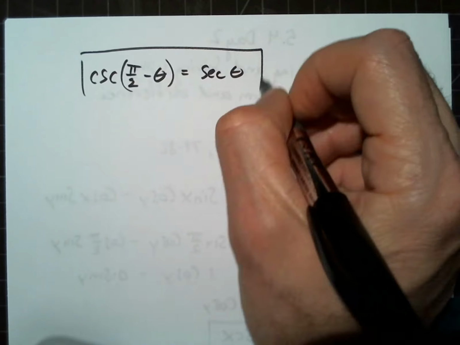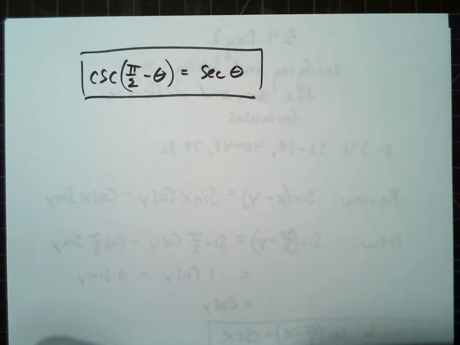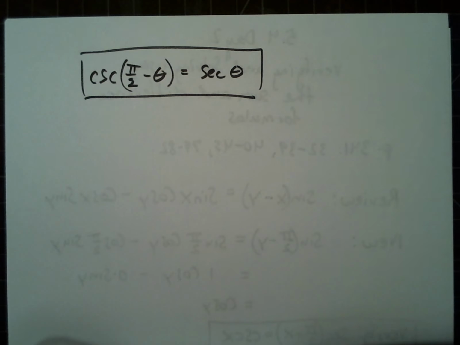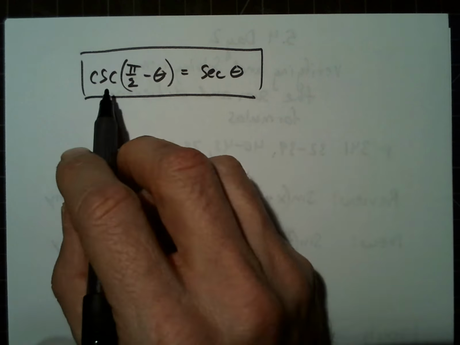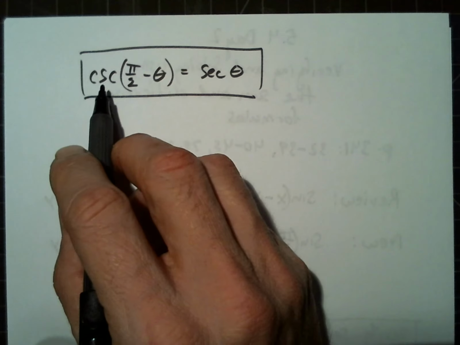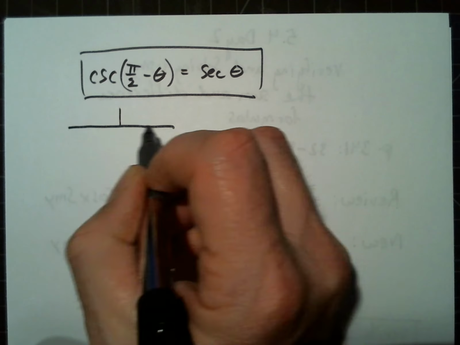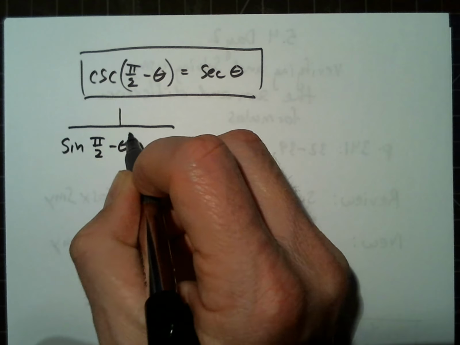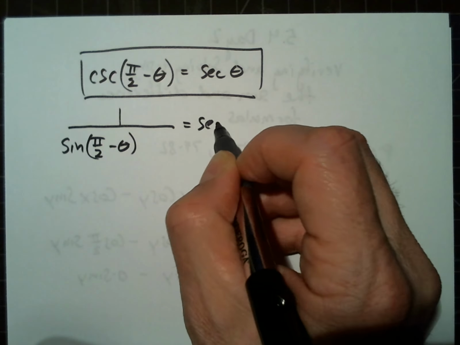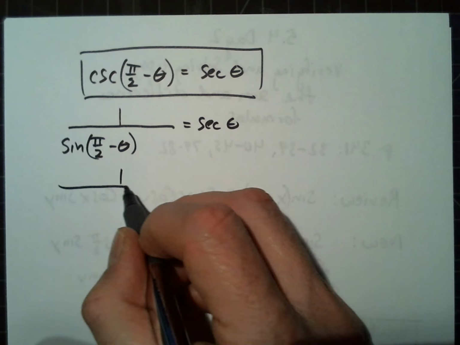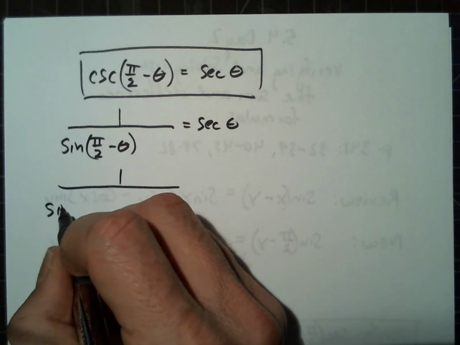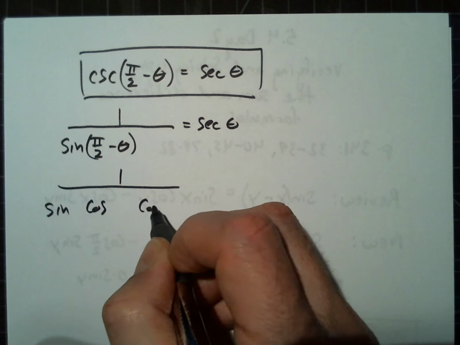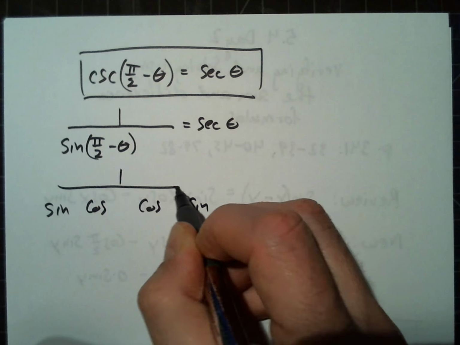And you try that one. Pause the video and try that. So we don't have an identity for cosecant, so let's rewrite it as 1 over sine, and sine is sine, cosine, sine.